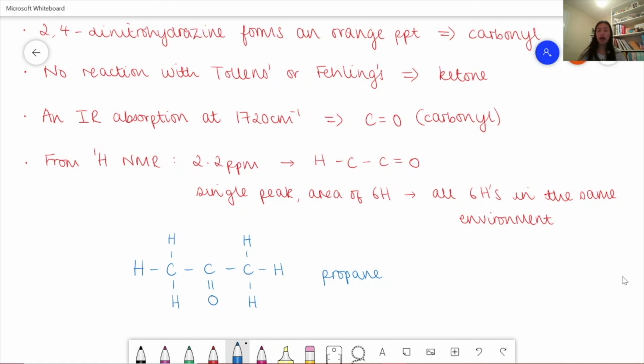And also, we do have a hydrogen, so for example, this one here, which is attached to a carbon, which is then attached to a carbon with this double bond oxygen. So we also have this peak at 2.2 parts per million. And then finally, we do have a single peak with an area of 6 hydrogens because these 3 hydrogens are in the same environment as these 3 hydrogens. So we have 6 hydrogens in the same environment and producing a single peak because there's no hydrogens on this carbon here.